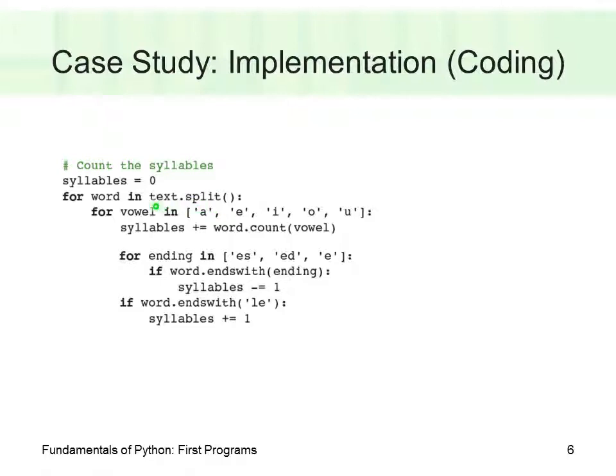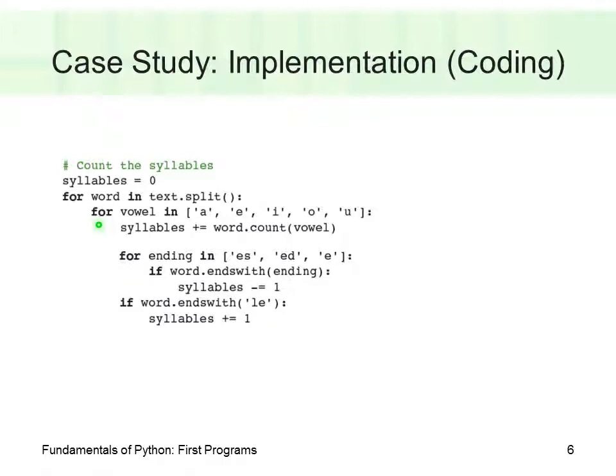And when we split the text, the return value of this method is in fact a list of the words in the text. A list, or another way to call it is a sequence. So we have for word in the sequence created by the split method, which is quite handy. So we'll be iterating through each word.